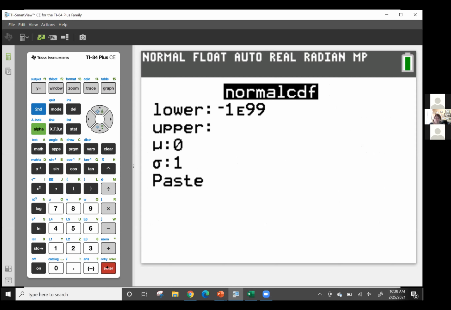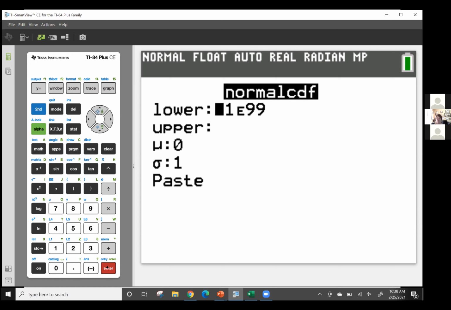Your calculator can handle any normal distribution whose mean is mu and whose standard deviation is sigma. So it can find the area under the curve, the probability, for any normal distribution.